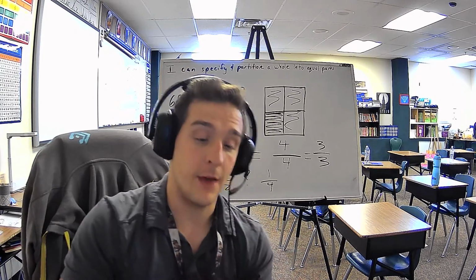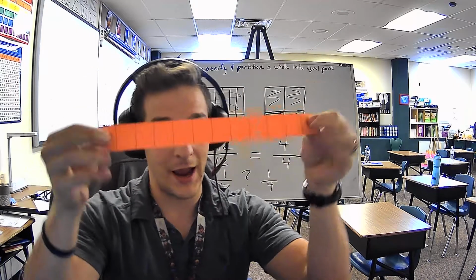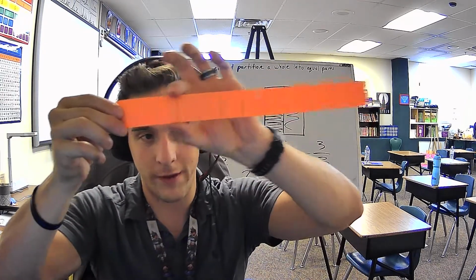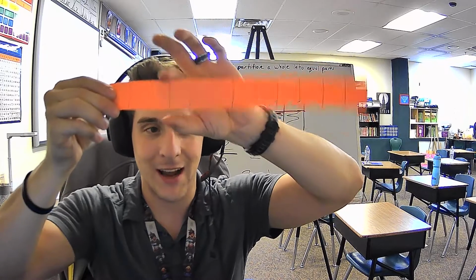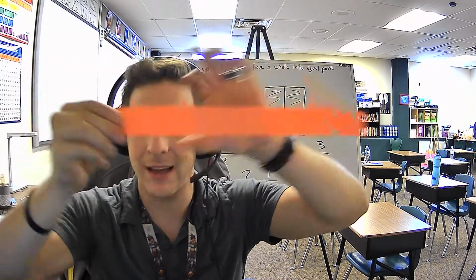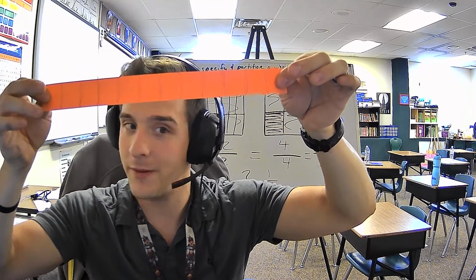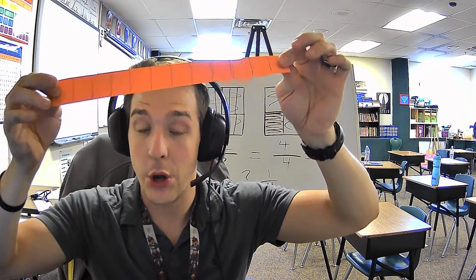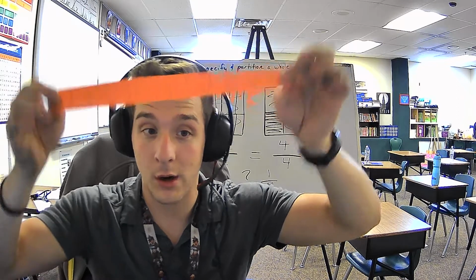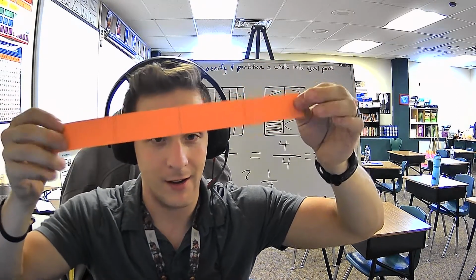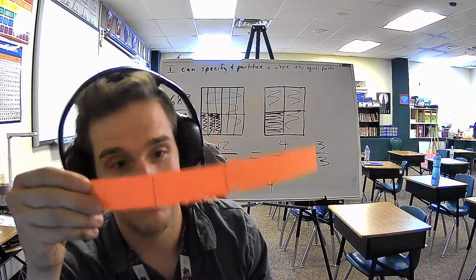But if I am talking about a whole, and I cut a whole into 12 equal pieces, if I'm going to have them all be the exact same size, if I am cutting this piece of paper into 12 pieces, are those pieces going to be very big? No. So the more pieces there are, the smaller the piece is. Well, over here, am I cutting this up a whole lot?